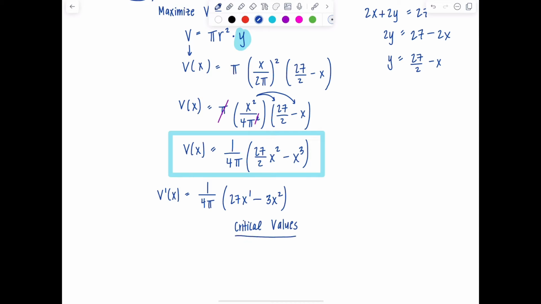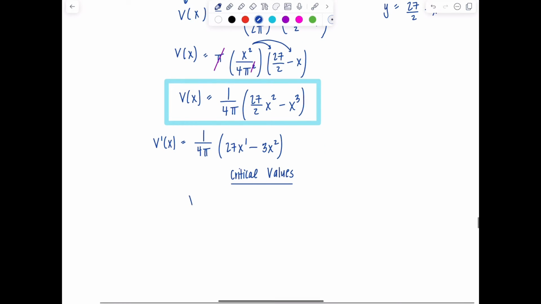That happens when the derivative equals 0 and when it doesn't exist. Okay, V prime of x equals 0 means all of this would equal 0. I can just junk the constant. It's not necessary. If I set it equal to 0 and divide both sides by 1 over 4 pi, it's not going to do a thing. So we have 27x minus 3x squared equals 0.